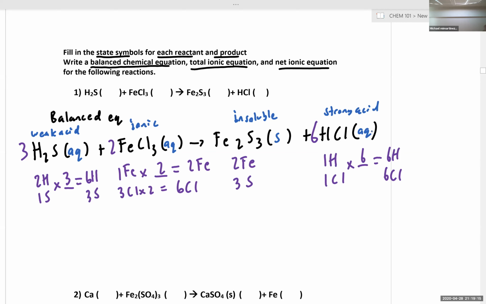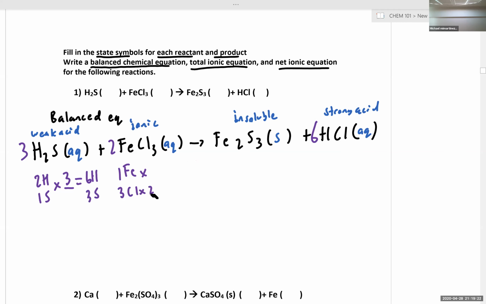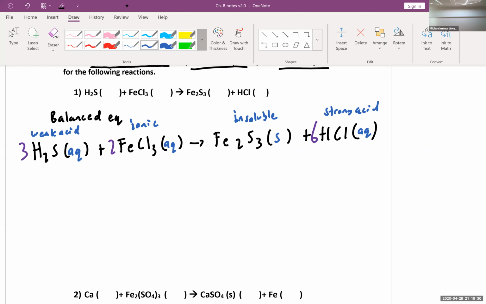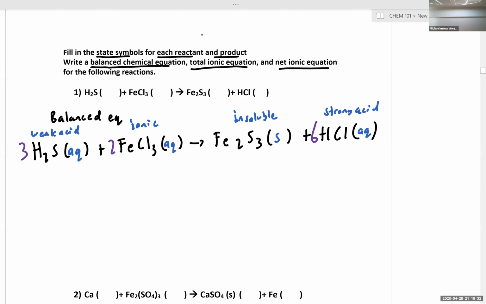Okay, now that we have our balanced equation with our state symbols, what we're going to do is dissociate each of our soluble ionic compounds, strong acids, and strong bases. For hydrosulfuric acid, since it's a weak acid, do we dissociate it when writing an ionic equation?